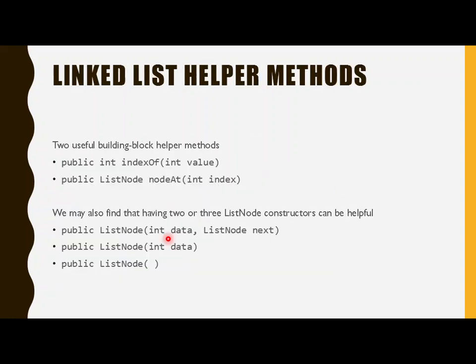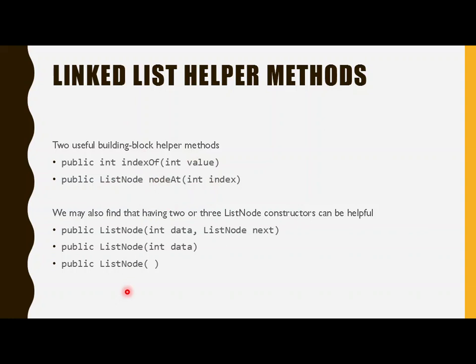Okay. In terms of helper methods, what's interesting with those? Well, you might want to have things like this where you can give it a value, you can give it some data, and have it tell you where that is in the list. You also probably want to have a thing called something like node_at, where you give it an index and it actually gives you a reference back so that you don't have to traverse again.